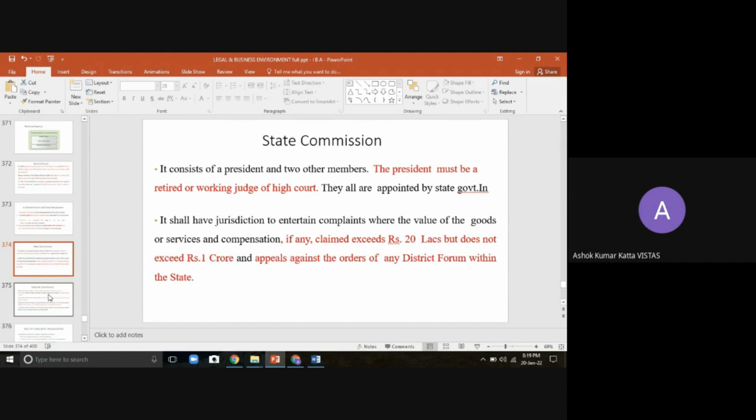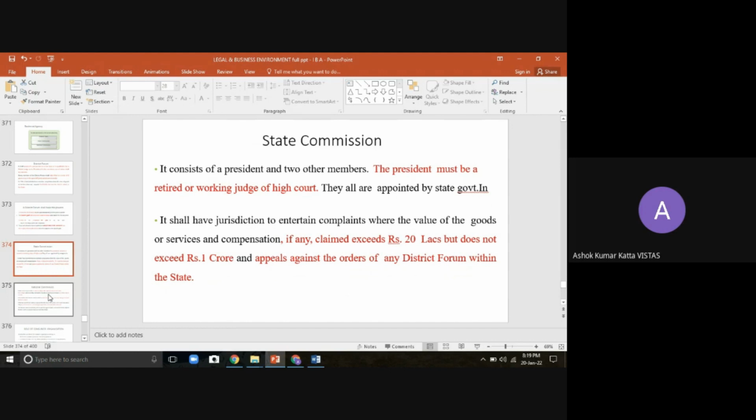Here also, in the district level forum, if the company or the customers are not satisfied with the judgment, they may request the district level forum president, we want to file a case at the state level commission. Yes, definitely you can apply, but it requires approval from the district level forum president.